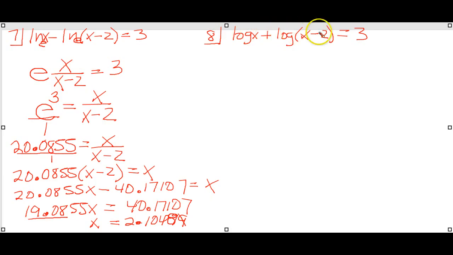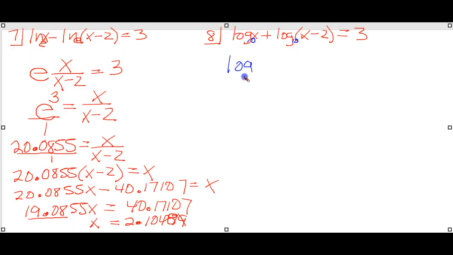Okay, now for this one, we had one very similar to this, except it was log base 5. Here there is no base appearing. When that happens, the base is 10. So we're going to summarize this.